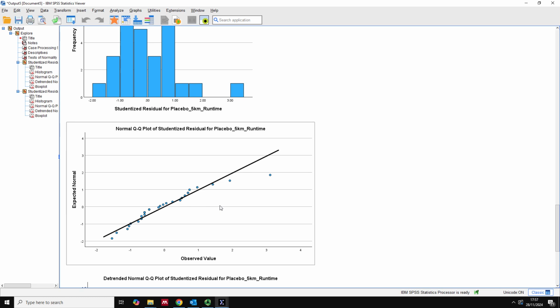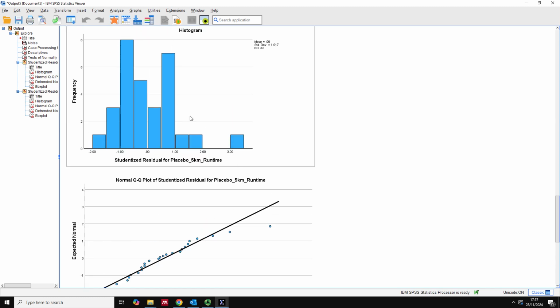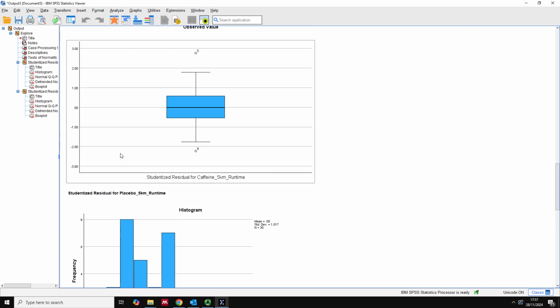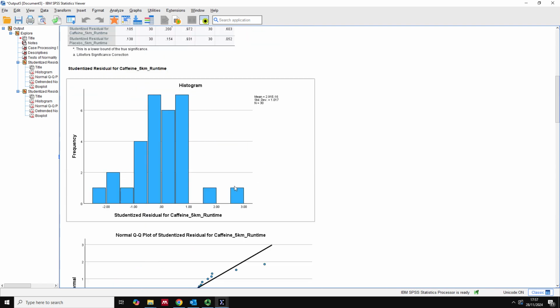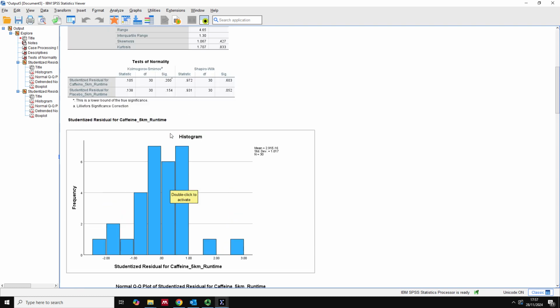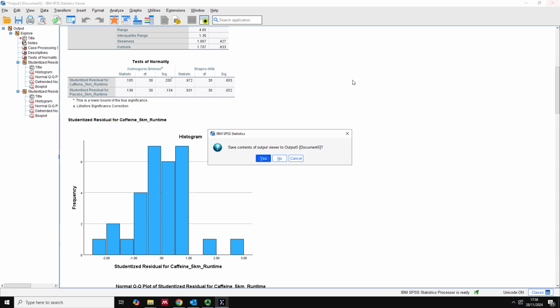One of the strengths of the two-way ANOVA is that it can be quite robust to deviations from normality. So in other words, if your data isn't quite normally distributed, it's still going to mean that the test results are valid if you use the two-way ANOVA. So that's cool. We've reasonably satisfied that assumption of normality.